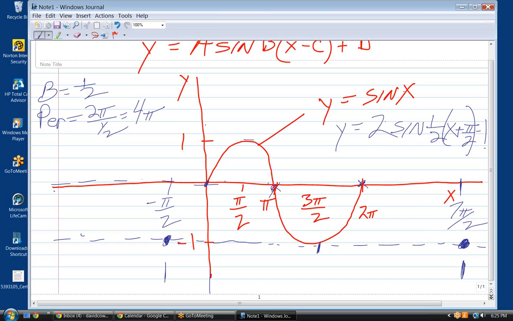So if I add minus pi over 2 to 7 pi over 2, I get 6 pi over 2, which is 3 pi over 2.